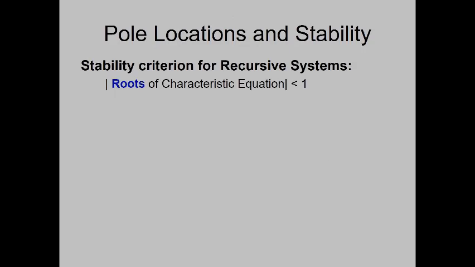And for that, we go back to our stability criterion for recursive systems. Again, we don't have to worry about non-recursive systems. They're always stable. For a recursive system, though, we said back in solving difference equation days that the system was stable if the roots of the characteristic equation had a magnitude that were less than 1.